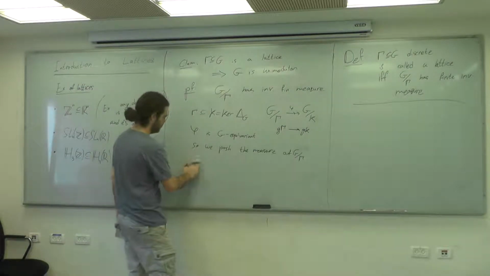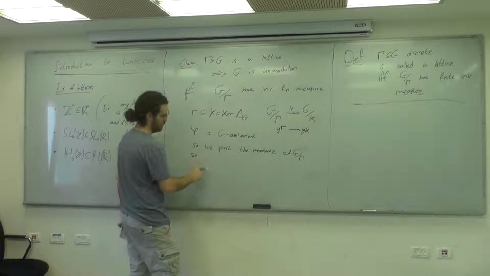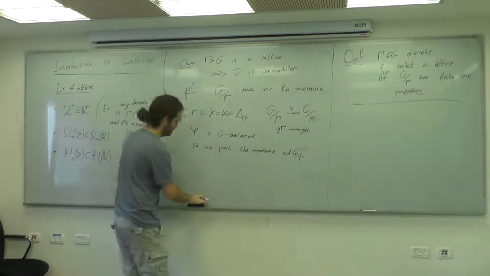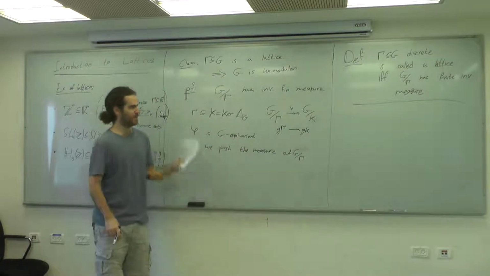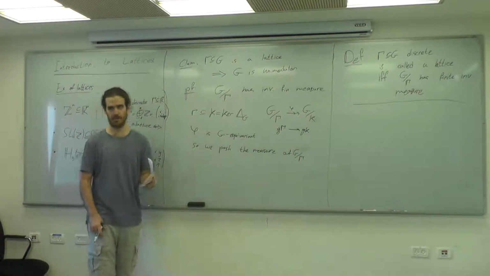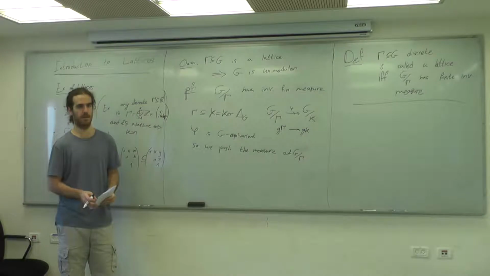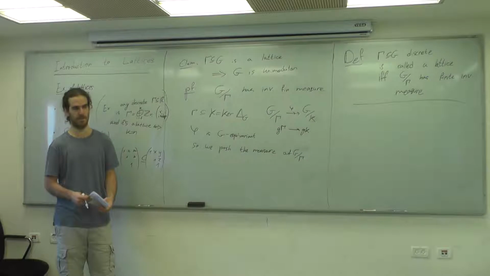So G mod K, we showed it has finite Haar measure up to scale, and it must be, in this case, compact.